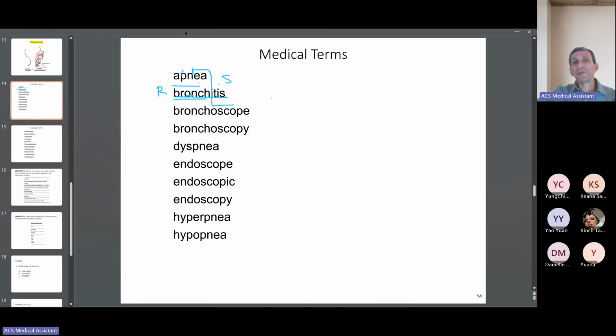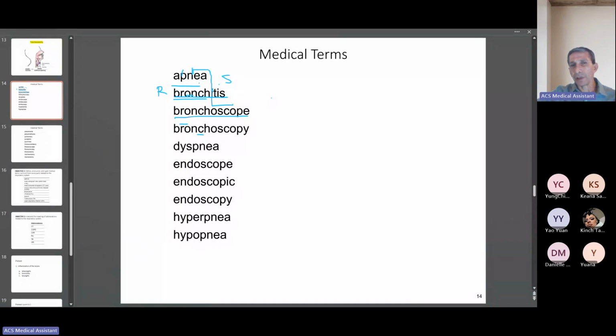Now we're going to have another term that is very related to the tubes that bring air to the lungs, which are called the bronchi. If it is singular, it's going to be bronchus. So here we have the bronchoscope. We know already that scope is the instrument.